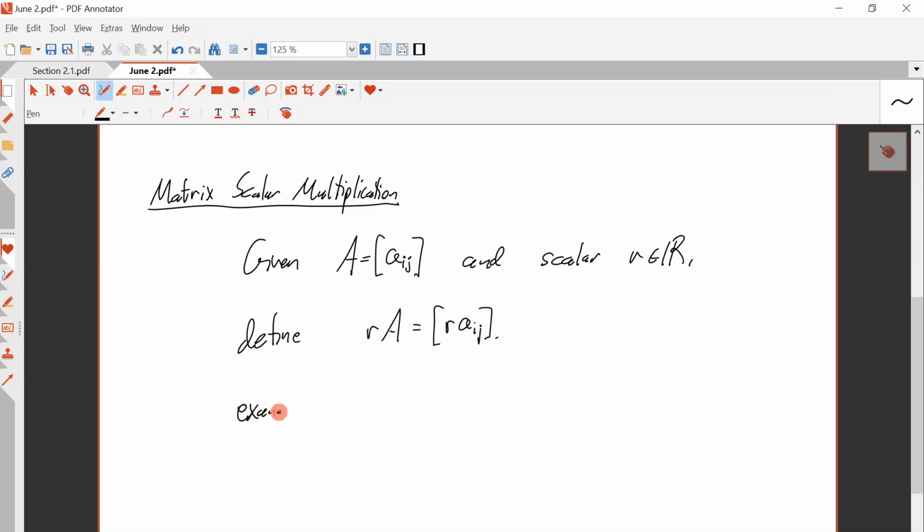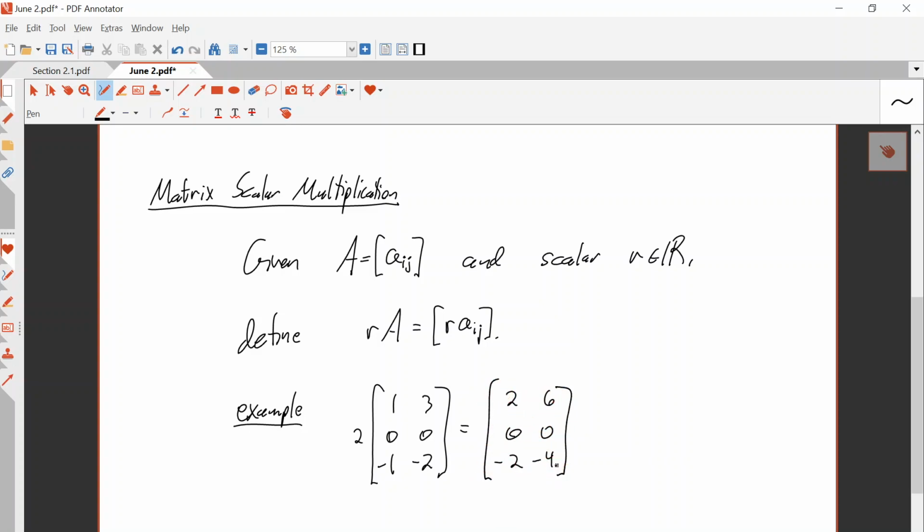So, for example, 2 times this matrix here, 1, 0, negative 1, 3, 0, negative 2. This is equal to 2, 6, 0, 0, minus 2, minus 4. Okay, simple little operation there.